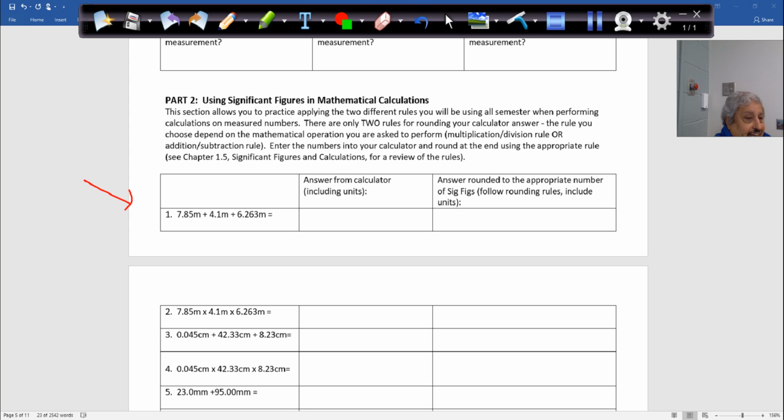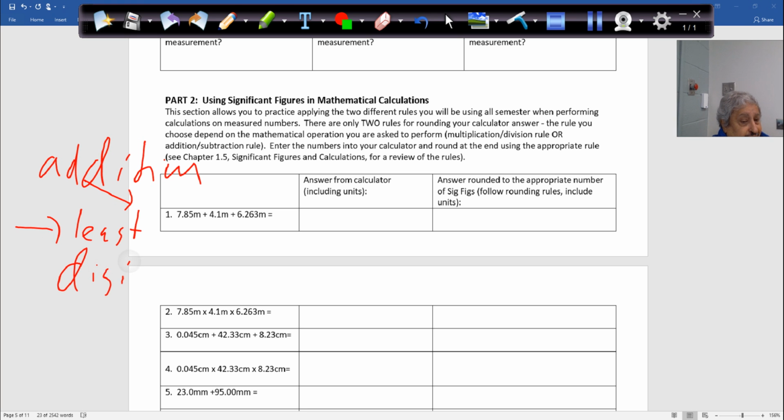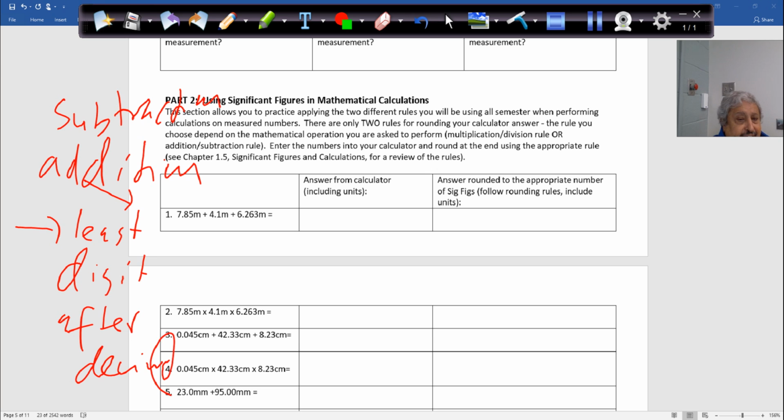Correct? Addition. The rule: if I add significant figures, I go by the least digits after the decimal. Addition and subtraction, least digits after the decimal. Correct, guys? So now let's look at this.